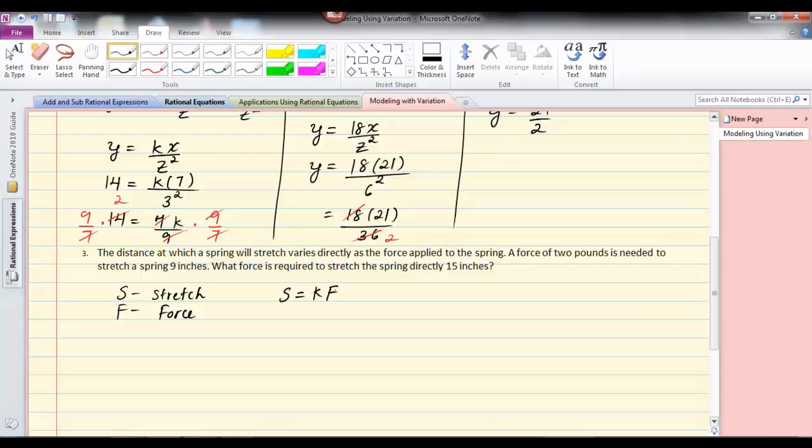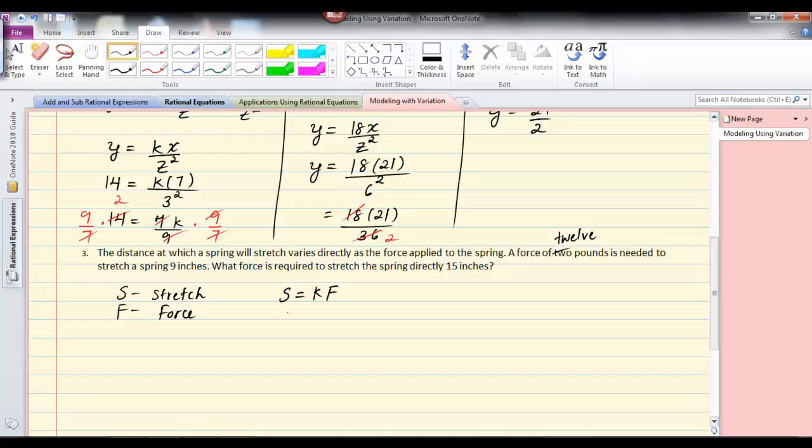Same idea there. So a force of 2 pounds is needed to stretch a spring 9 inches. So you're given the force, it should be 12 pounds. That'll make it a nicer problem to work with. So a force of 12 pounds is needed to stretch a spring 9 inches.